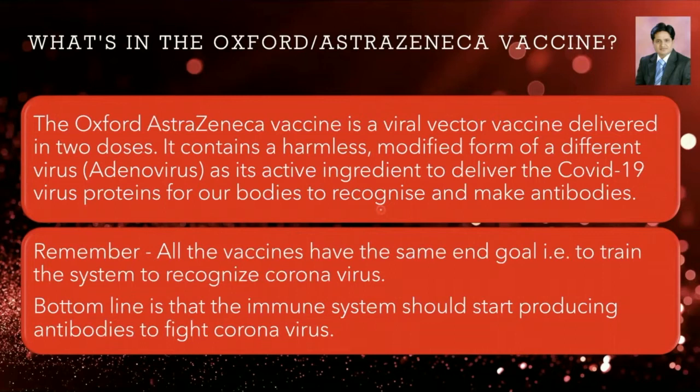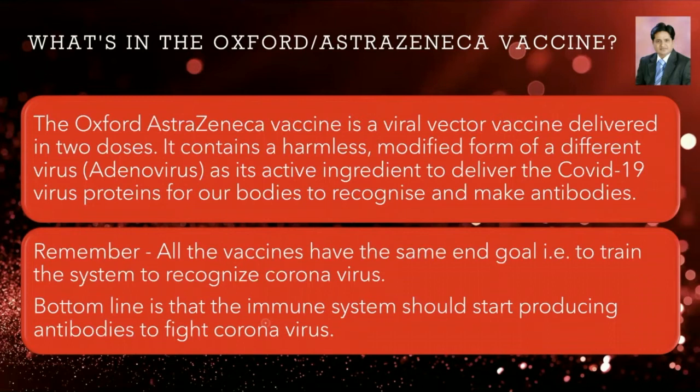The important thing to remember here is all the vaccines have the same end goal, that is to train the system to recognize the coronavirus. The bottom line is that the immune system should start producing antibodies to fight the coronavirus.